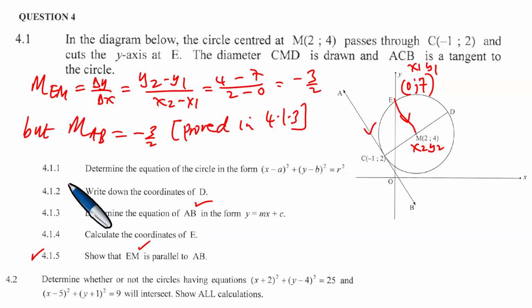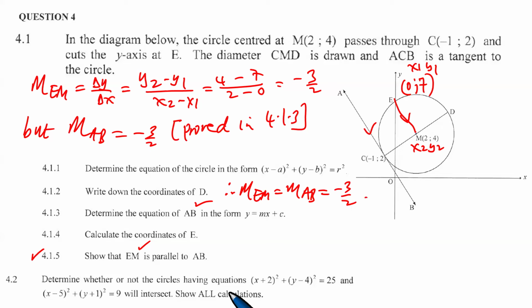Right, and we're able to therefore see that the gradient of EM is minus 3 over 2 and that of AB is minus 3 over 2, and therefore the conclusion is that the gradient of EM is equal to the gradient of AB, which is minus 3 over 2. So we're happy.